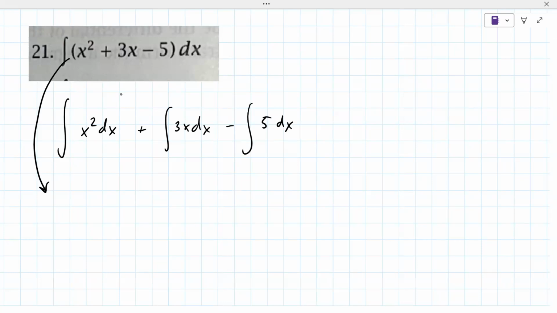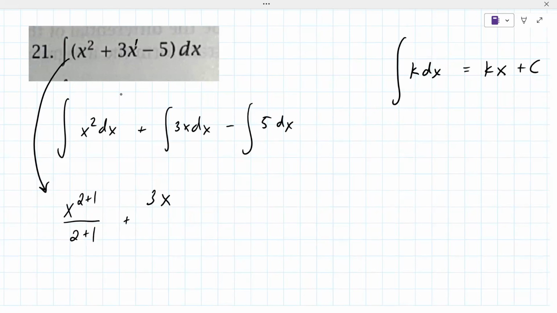The only new one that you need here is the integral of a constant, which is like the -5, becomes the constant times x plus c. But the first one is x to the 2 plus 1 over 2 plus 1, 3x to the 1 plus 1 over 1 plus 1, minus 5x plus c.